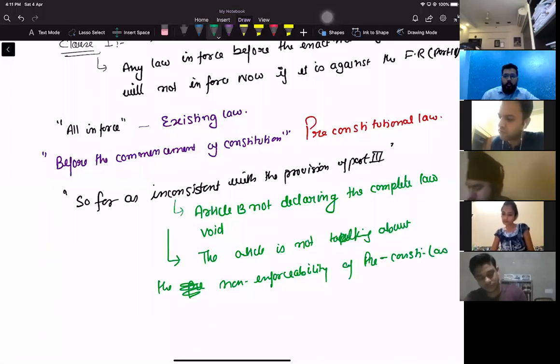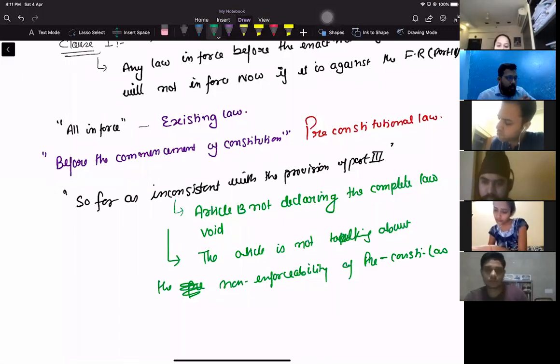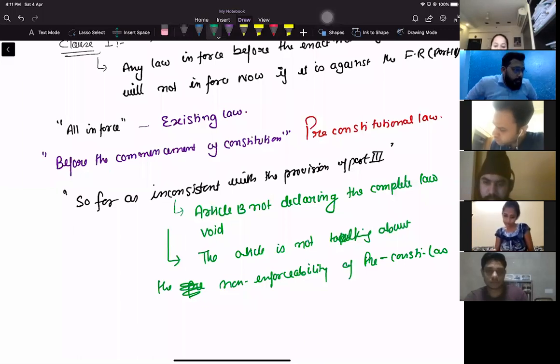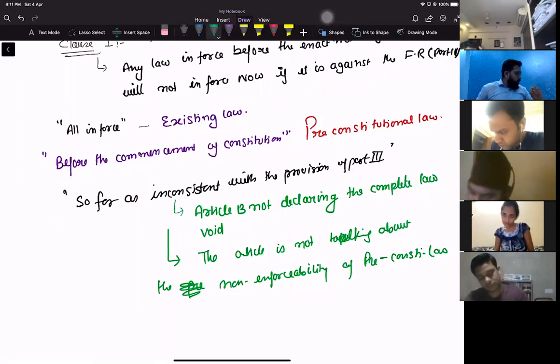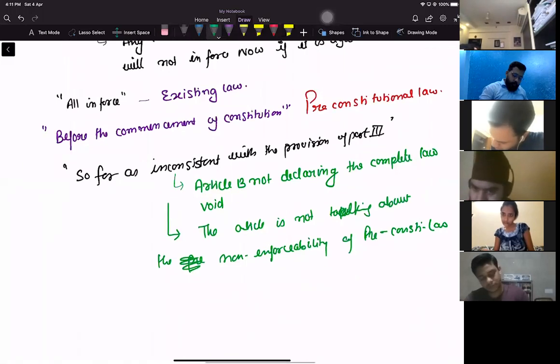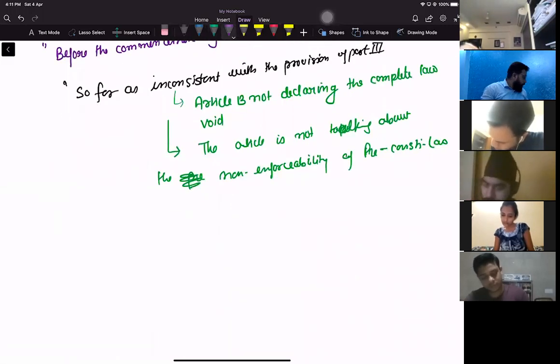They are talking about any part which abridges the Part 3 provisions. Okay, that is it. This is known as inconsistency. Now next they use the words: to the extent of such inconsistency, be void.